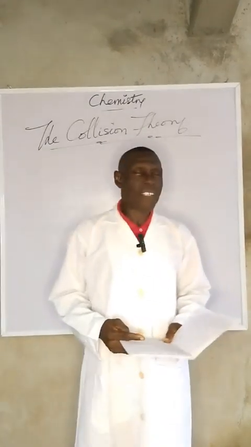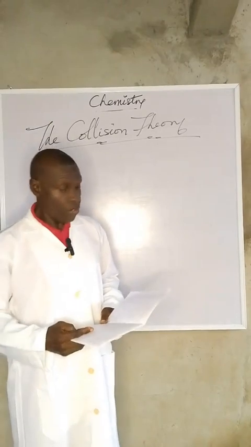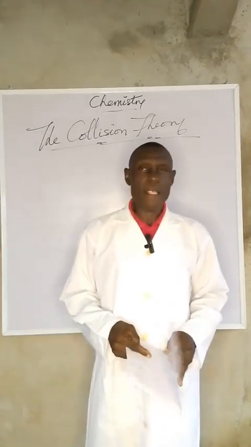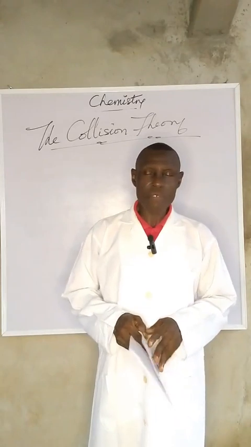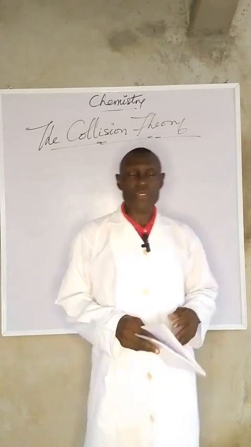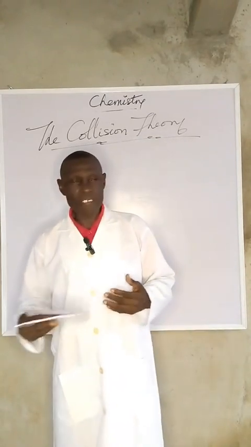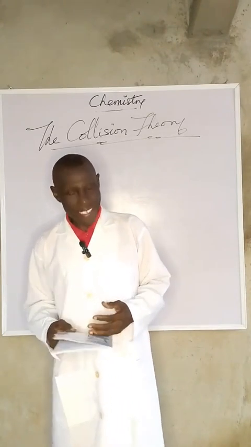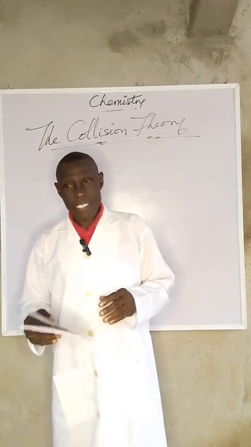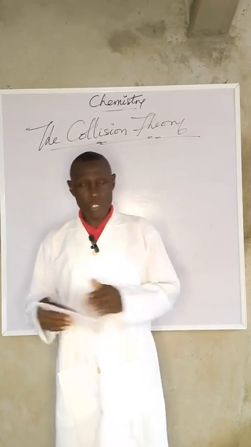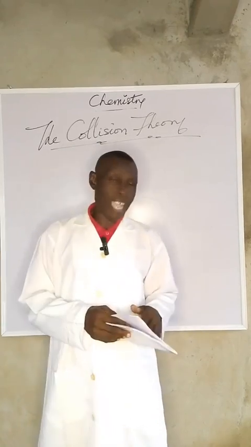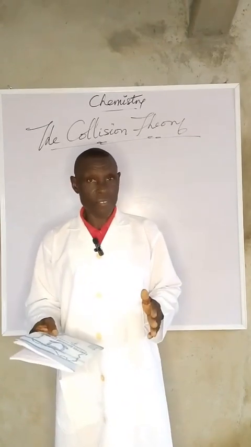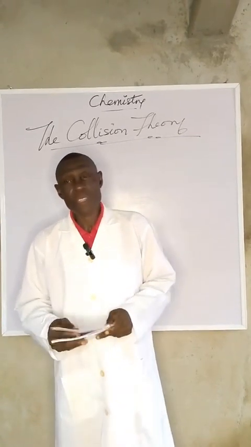Now, what we have today is the collision theory. Normally when chemical compounds or elements are reacting, they are either in a liquid form, a solid form, or a gaseous form. And in each of these states, they are made up of discrete particles.